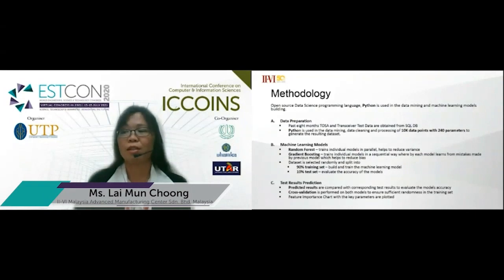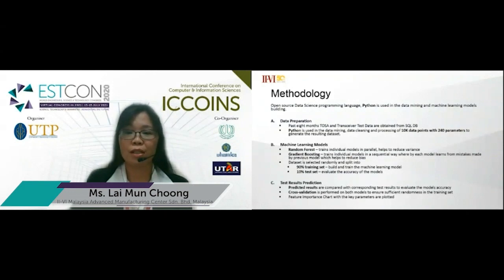the resulting data sets. Machine learning models selected in these studies are random forest and gradient boosting for their variance and bias insensitivity. The data set is selected randomly and split into 90% training set and 10% test set.